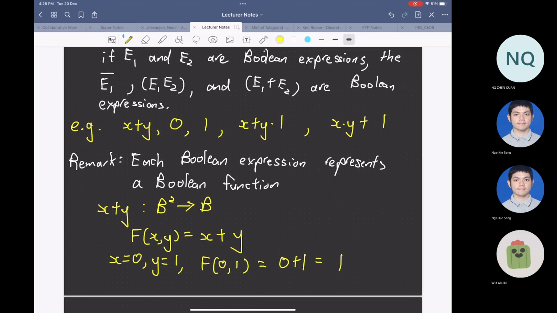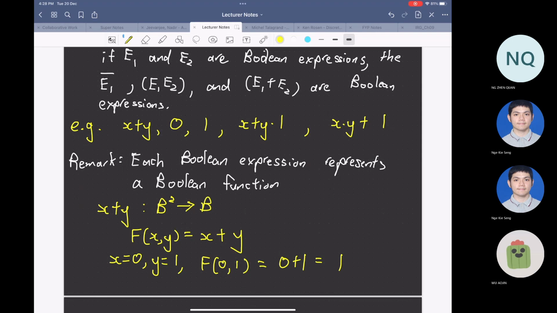So the set of Boolean functions itself becomes an algebra, because for a Boolean algebra you just need two operations plus the bar operation.